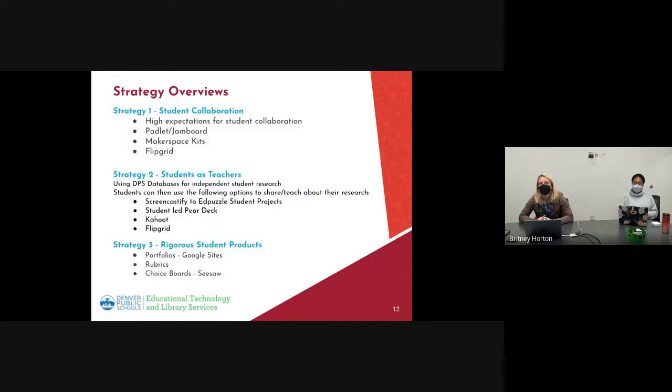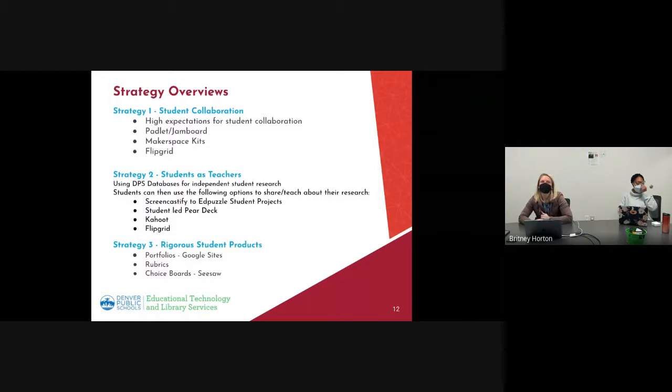Awesome. So we're going to run this just like how we've done all of our sessions, where there are 3 different strategies we're going to focus on within this mindset. You guys have a choice of which one feels like it's calling you today and which one you think you can put into your classroom. So strategy 1, we're going to be looking at student collaboration, talking about high expectations, and using Padlet, Makerspace, Flipgrid, Makerspace kits, if you're not familiar with those as well, we'll talk about that.